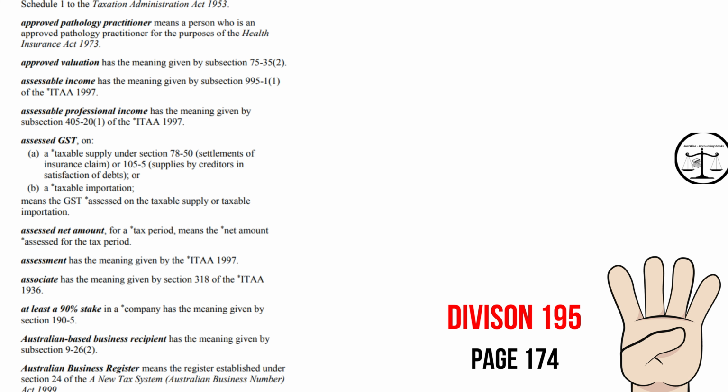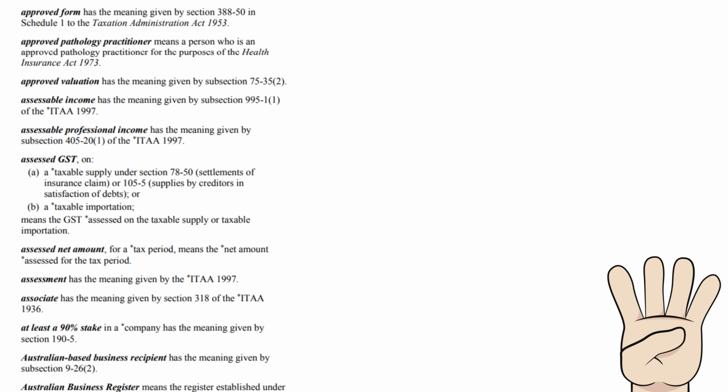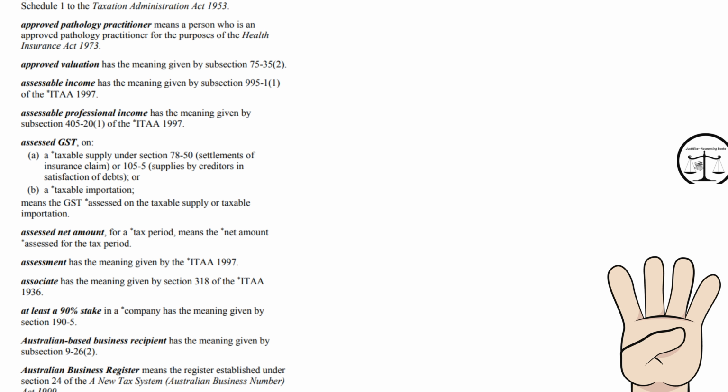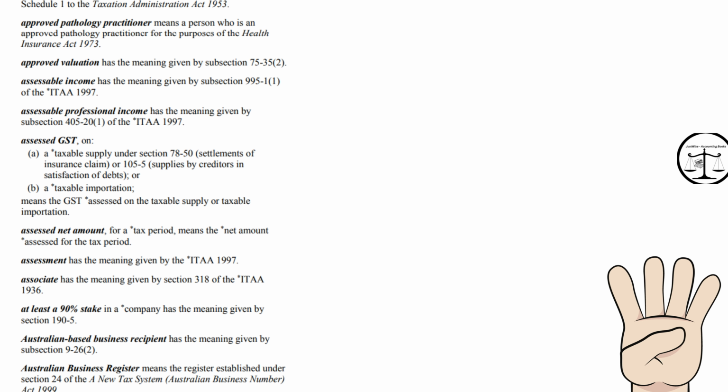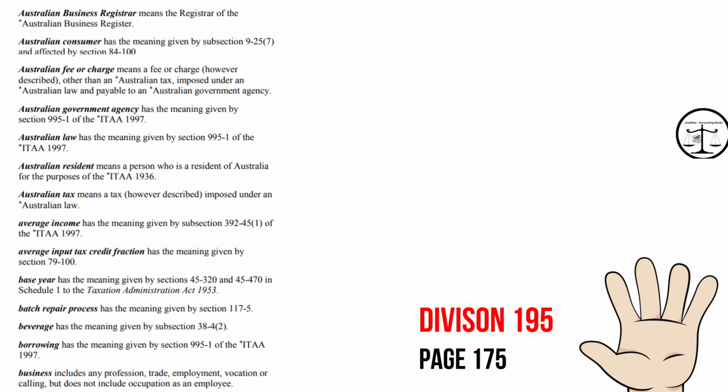Assessed GST. 37. Assessed net amount. 38. Assessment. 39. Associate. 40. At least a 90% stake. 41. Australian-based business recipient. 42. Australian business register. Next page.